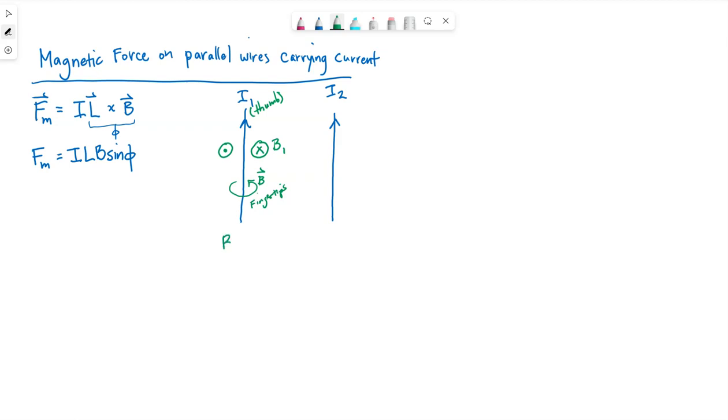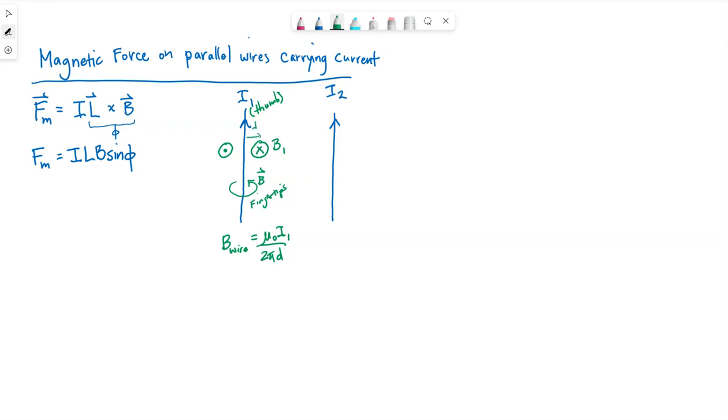The strength of this field, we can use B of a wire, is mu naught times the current divided by 2 pi d. D is however far from this wire that I'm trying to find the field.